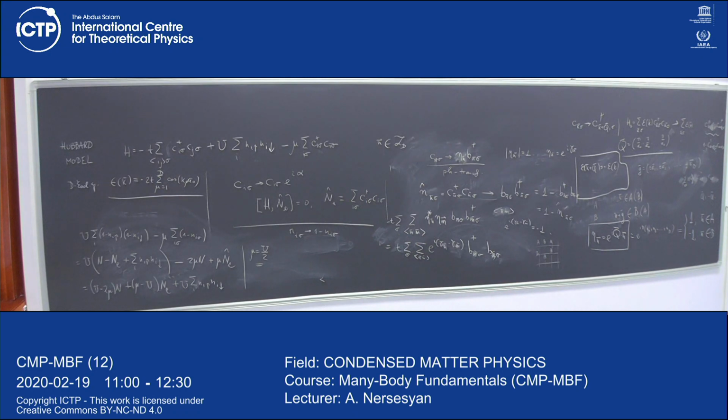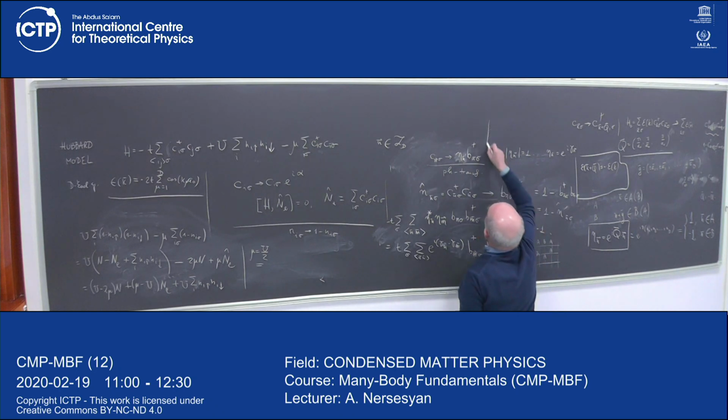So it is only for this specific value of the chemical potential that the particle-hole symmetry holds. Now, if interaction is absent, the value of the chemical potential at which the particle-hole symmetry persists is, of course, mu equal to 0, which we know very well because we have a band.